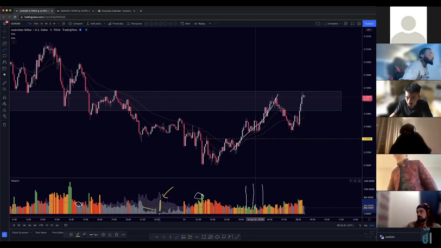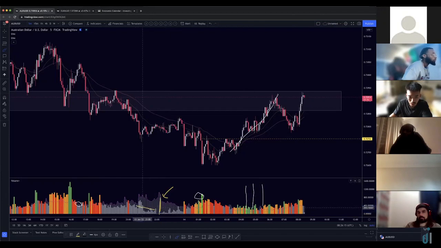So this is 5 a.m. London, which is what, Asia, right? You would start to take note of it at least. It's just cases like this where it's super low and then one spike. It's only situations like this where I completely ignore the volume.